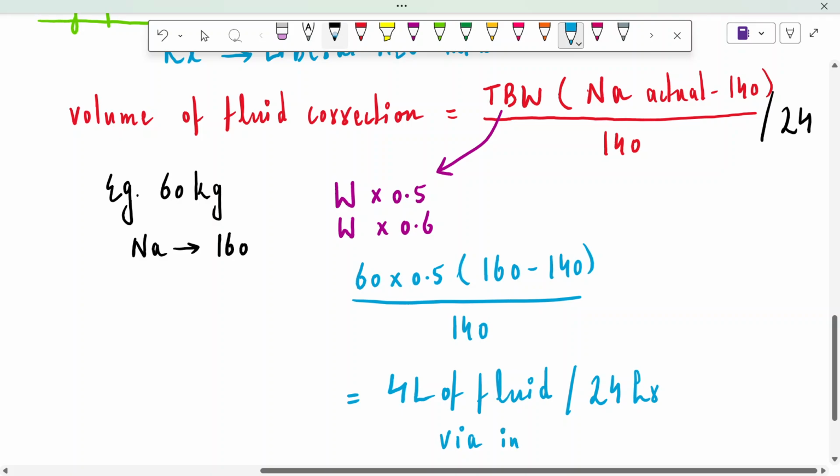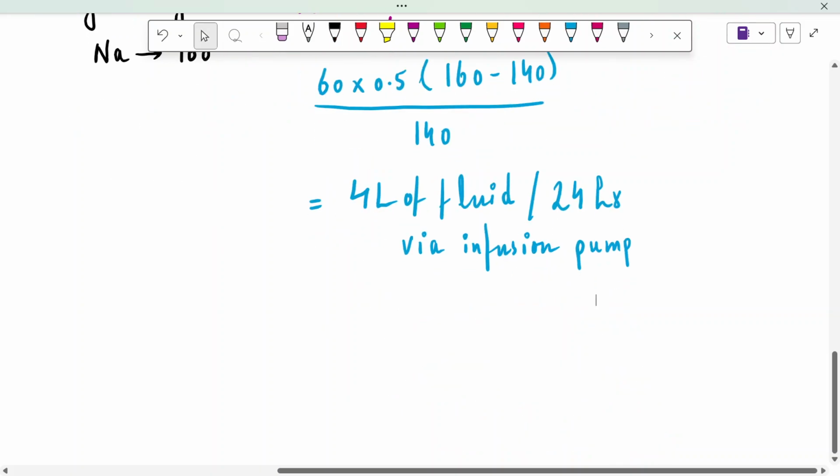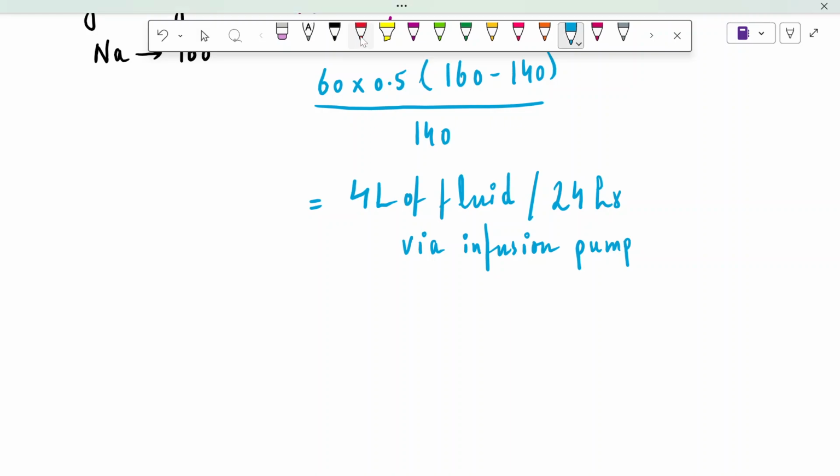This amount of fluid is not given abruptly or very fast, because, like in hyponatremia, fast correction can result in edema, and it can lead to central pontine myelinolysis or osmotic demyelination syndrome, which is very dangerous. In case of hypernatremia, the same condition occurs.